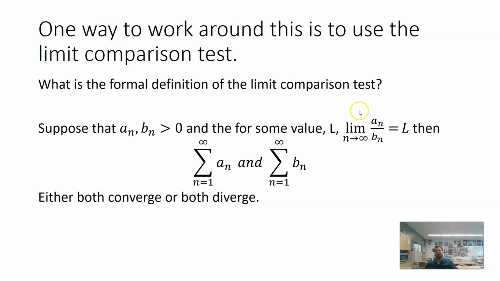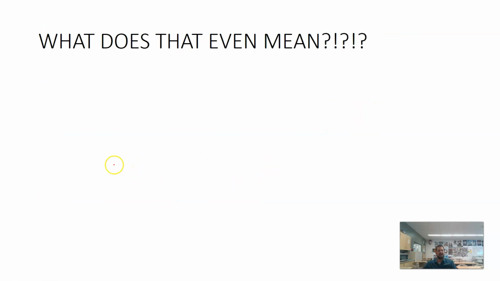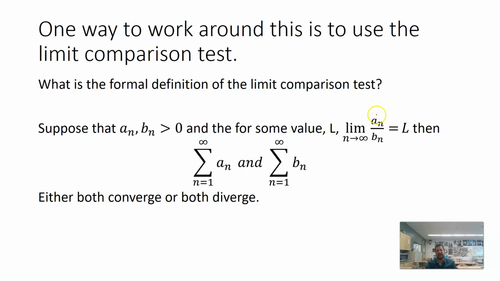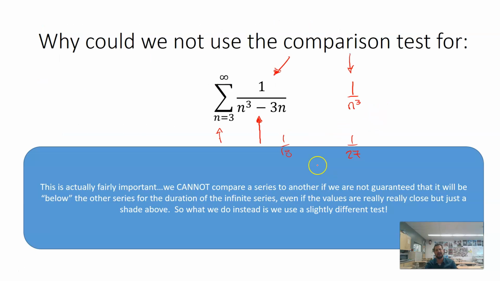Basically, what we do is look at a series that I think I would compare that to. So over here, where I had 1 over n to the third minus 3n, I'm going to compare that to 1 over n to the third. I think those two functions are similar, and because this is a p series that I do know converges, because that power is bigger than 1, I think this one converges as well.